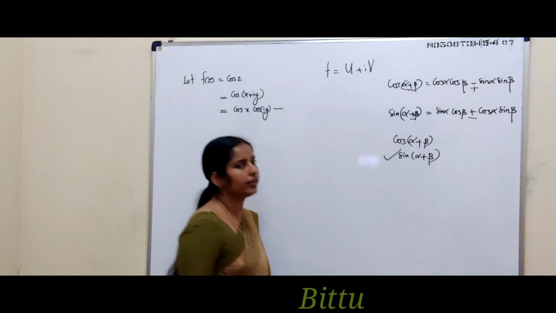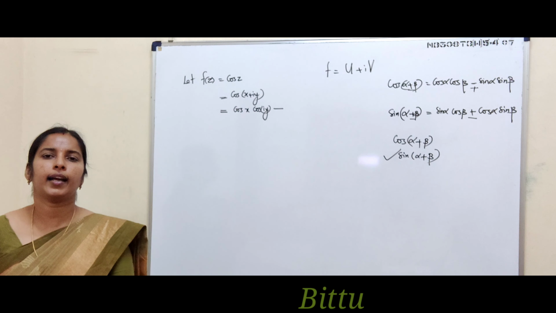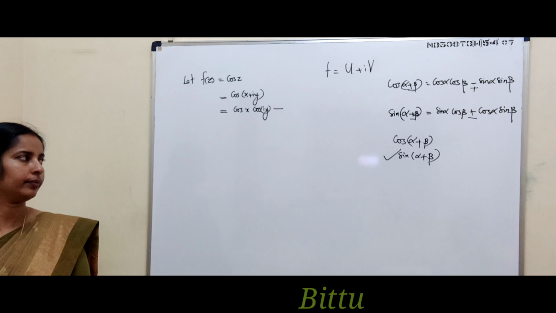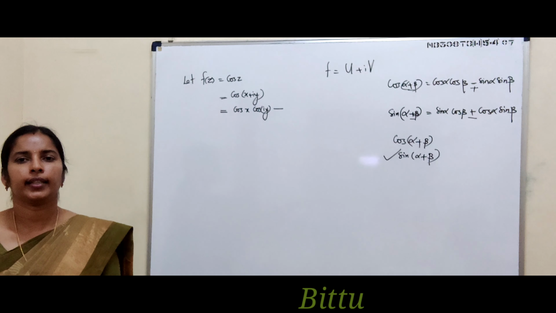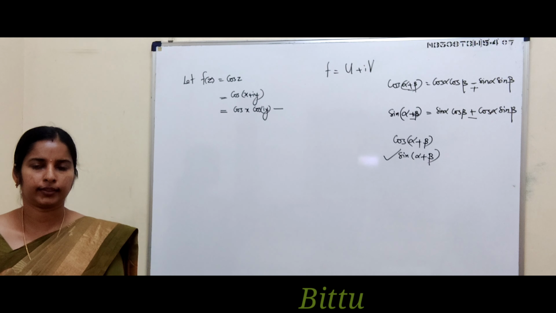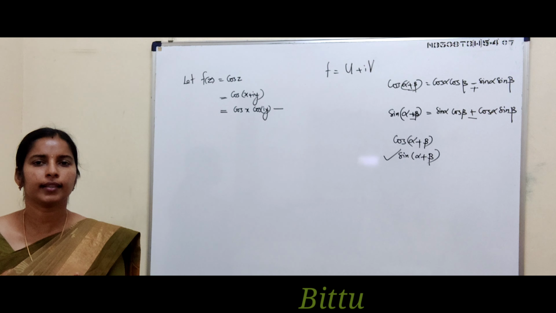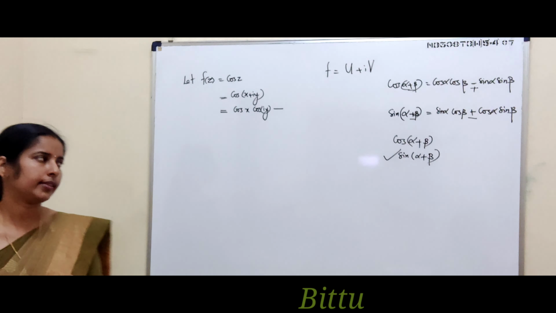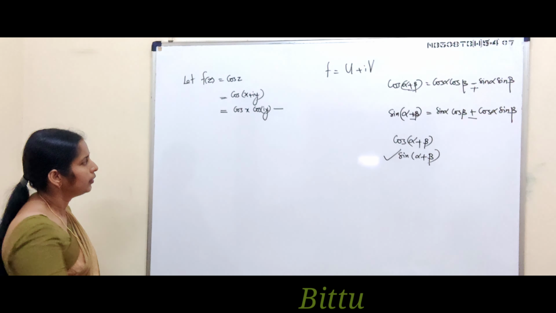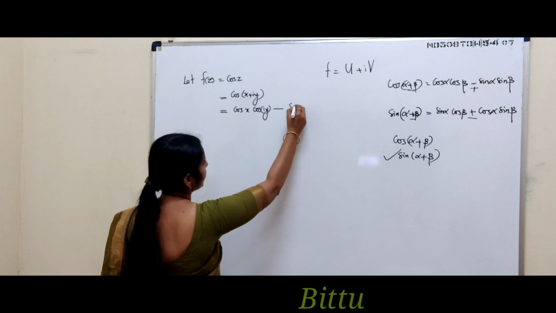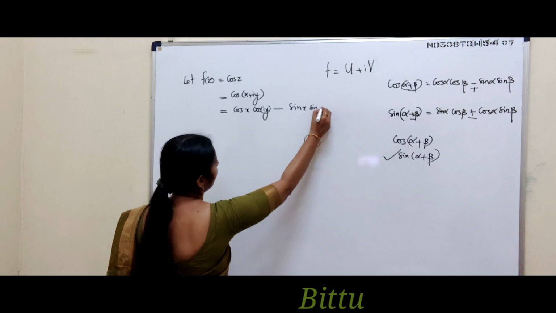Sin(alpha plus beta) is used while checking the analyticity of sin z. Cos(alpha plus beta) is used for checking the analyticity of cos z. So the important two questions are cos z and sin z. So we have to remember these two results only. Minus sin x sin iy.